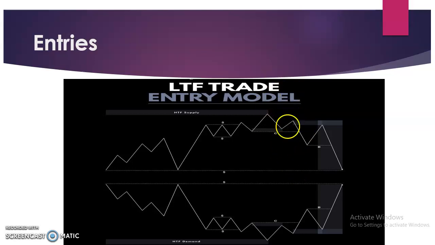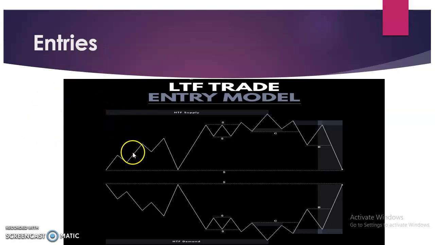Now, what is it that you are looking forward to see in your lower time frame chart? In the case of a supply, price will have pulled down strongly, broke structure, and met the rest of the criteria that we use to draw our supply zones.